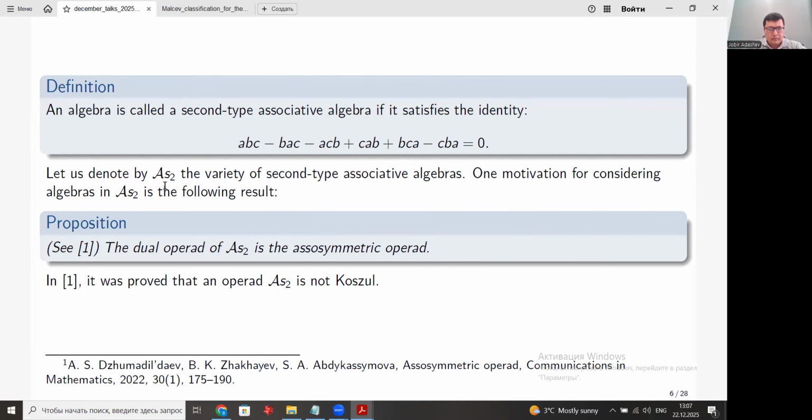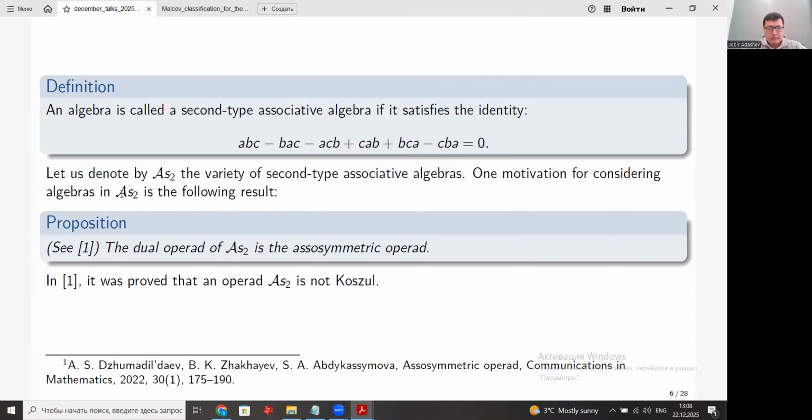Now, an algebra is called a second type associative algebra if it satisfies the identity generated by the polynomial relation of B2. So let us denote by S2 the variety of second type associative algebras. What's the motivation for considering S2?